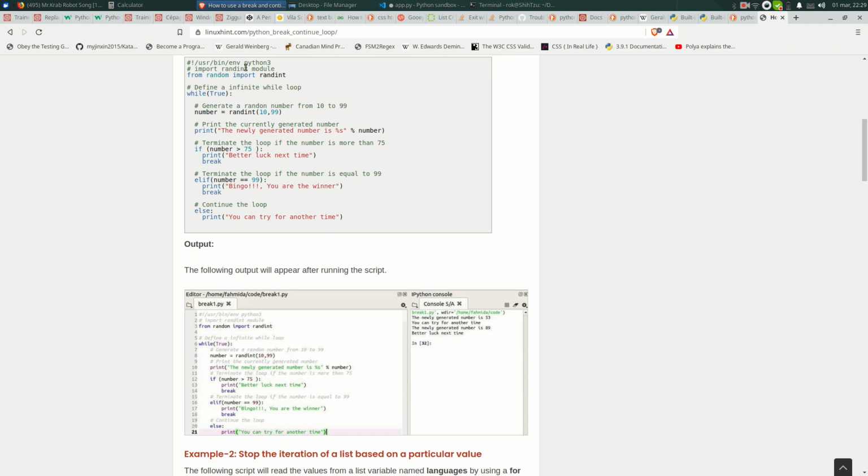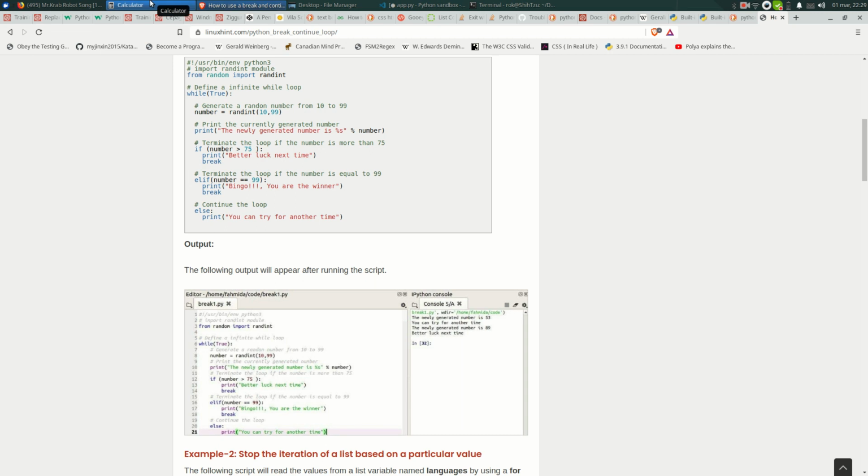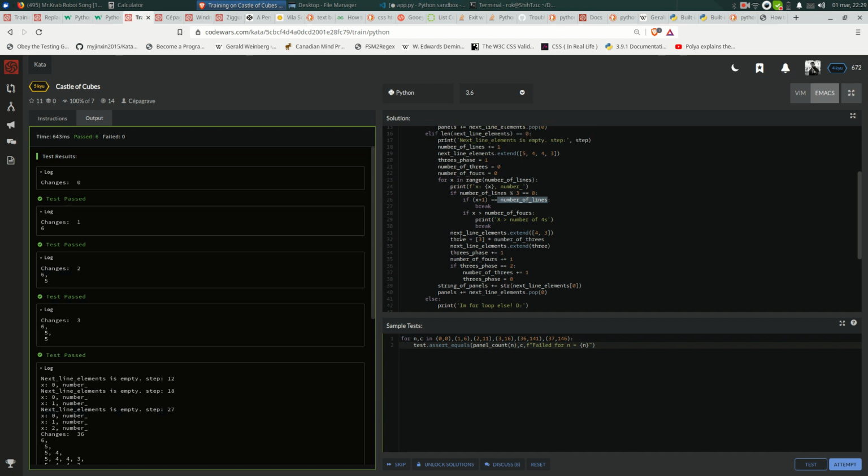It is the else if function. And to put, to comment all of this out.